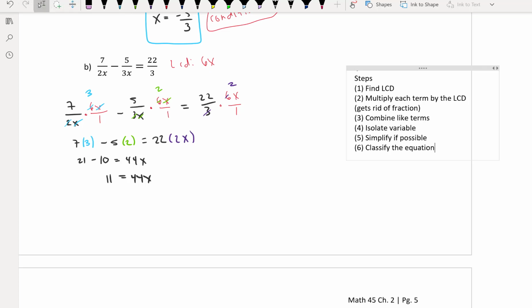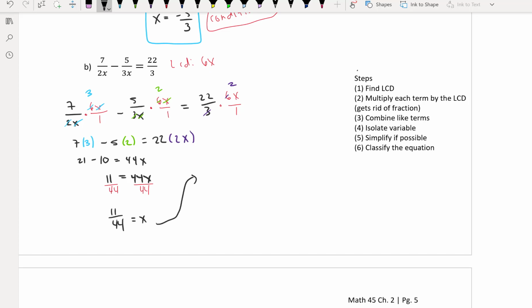So again, to isolate the variable, it's being multiplied by 44. So the opposite of multiplication is division. So I'm going to divide both sides by 44. This is going to give me 11 over 44, which is equal to my x. But I can certainly simplify.